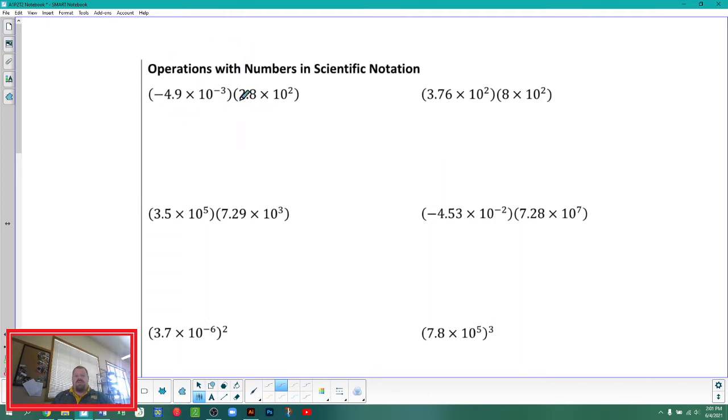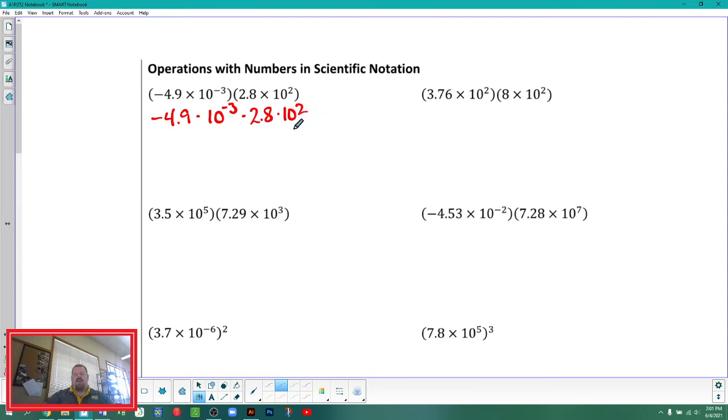So when I'm multiplying these, it really turns into problems that we've done before with exponents. It turns into negative 4.9 times 10 to the negative third times 2.8 times 10 to the second.